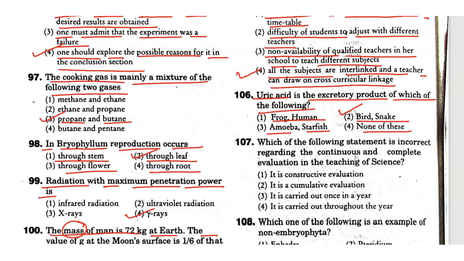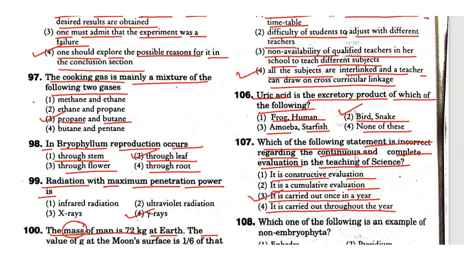Now 107. Which of the following statements is incorrect regarding continuous and comprehensive evaluation in the teaching of science? It is constructive evaluation, it is cumulative evaluation, it is carried out once in the year, it is carried out throughout the year. The correct answer is option third.